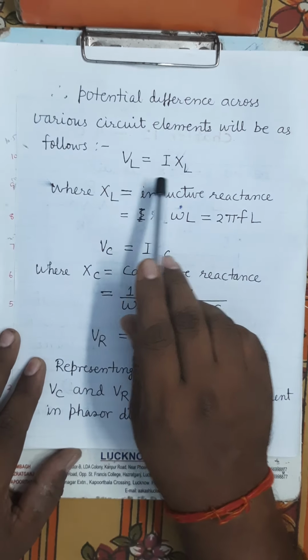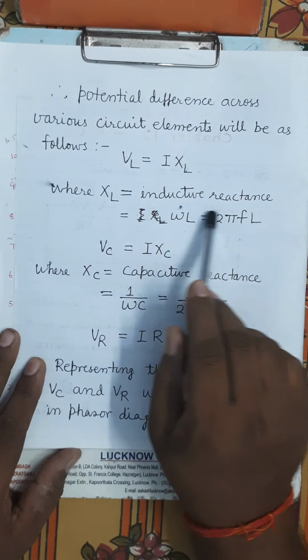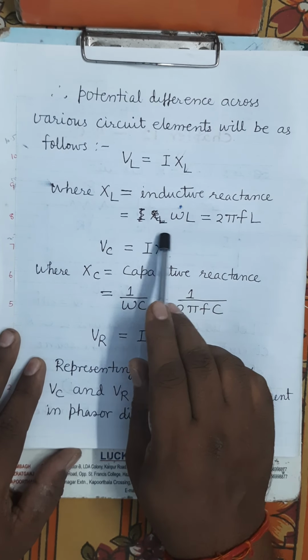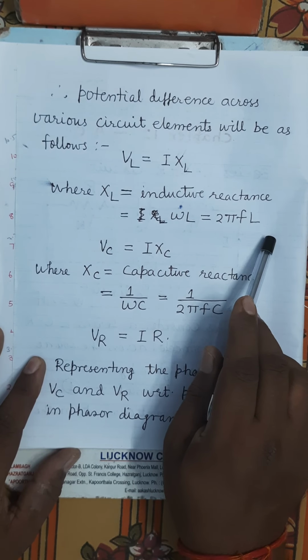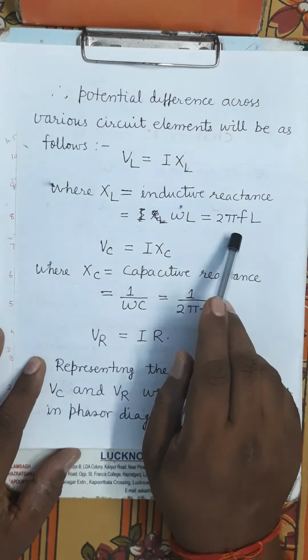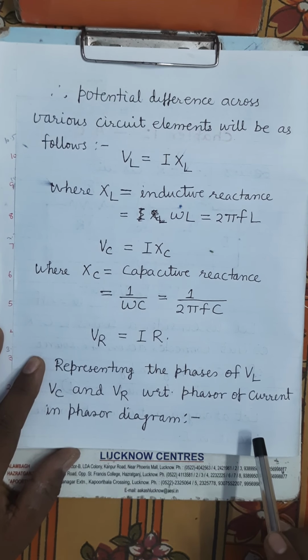XL equals omega L equals 2 pi fL. This means the obstruction increases with increase in the frequency.